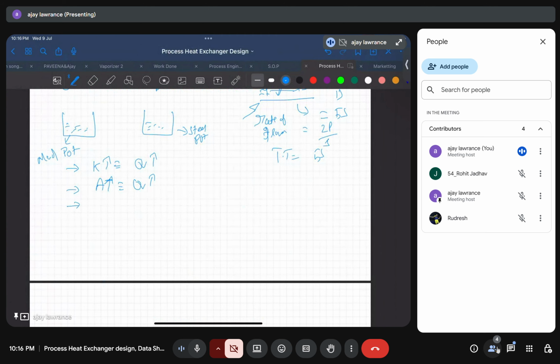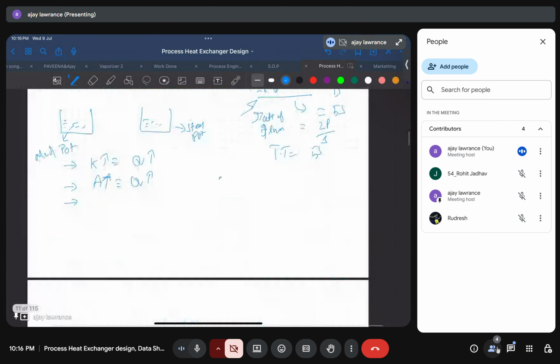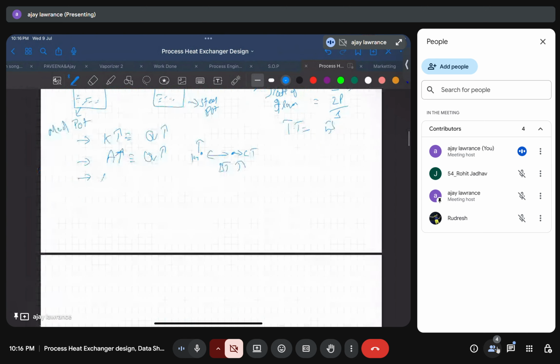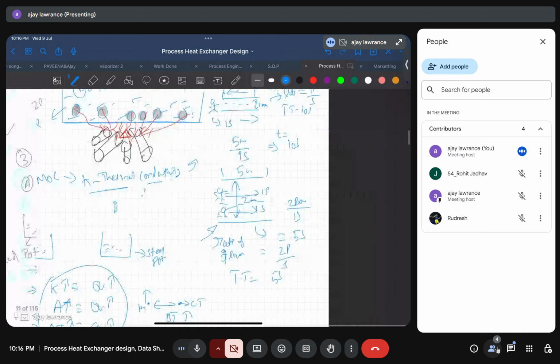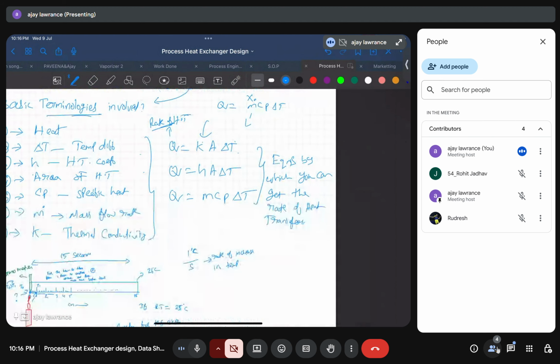Also, if the cold temperature is kept constant and you increase the hot temperature, the difference, delta T, will also increase. So if delta T increases, Q will increase. These are the 3 concepts, which is what we have kept in the formula: Q = K A delta T. Q is directly proportional to K, directly proportional to area, and directly proportional to delta T.